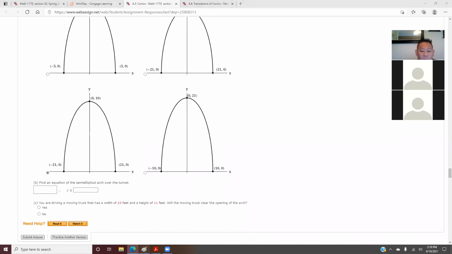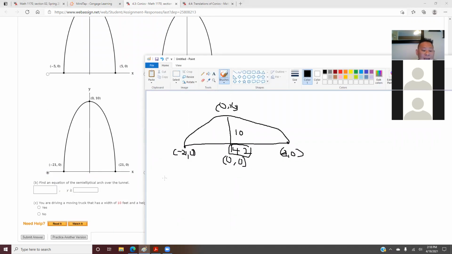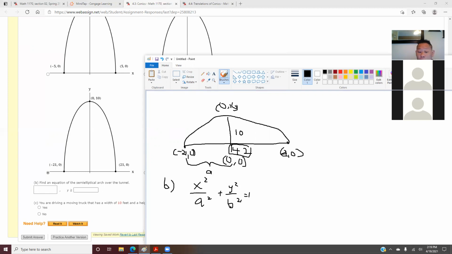Question B is asking us to find the equation of the semi-ellipse. Since your center is at the origin, your formula will be x squared over a squared plus y squared over b squared equals 1. So what we do here is substitute your a, which is 21.